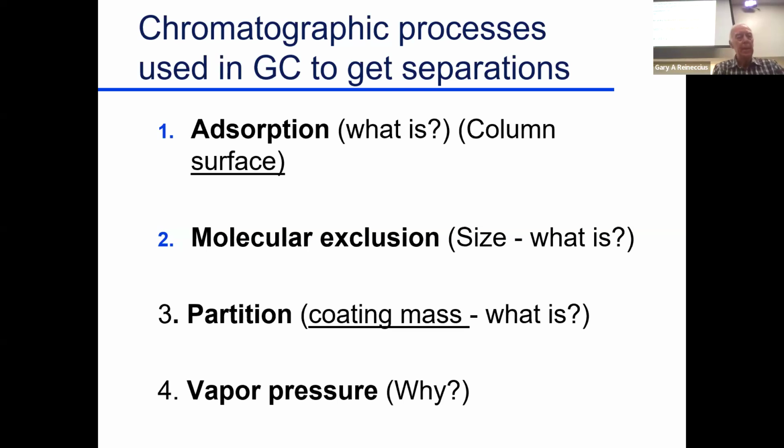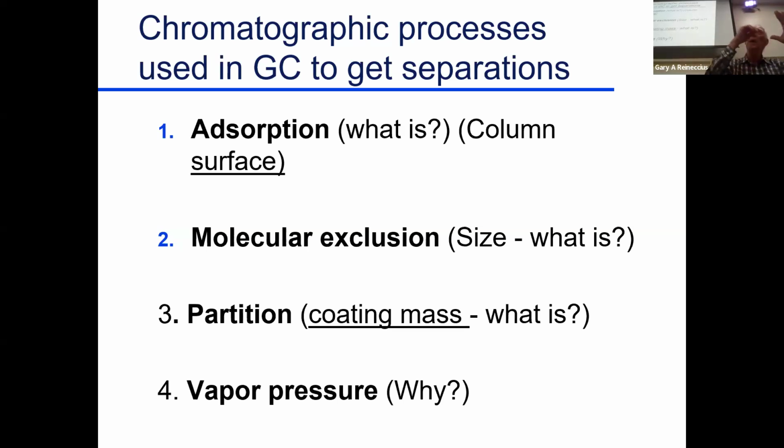We can actually take advantage of size, your molecular size too. If you can put a packing in there, and that packing doesn't have a hole through it. Most of what I've been talking about, it's an empty column with a thin coating around. Here now I'm going to pack the whole darn thing with a material that has different size pores.